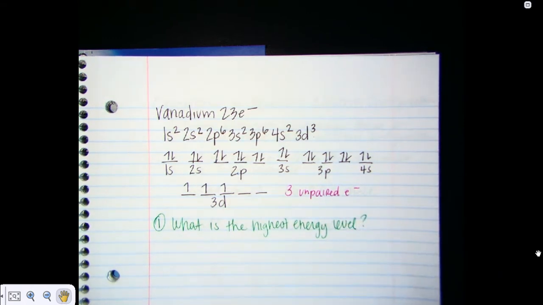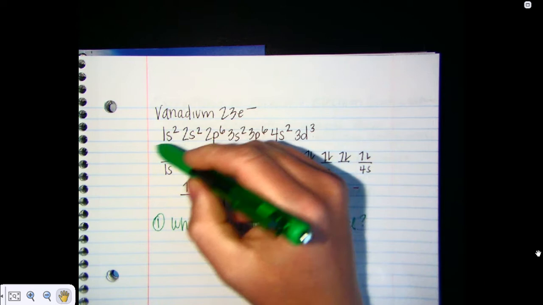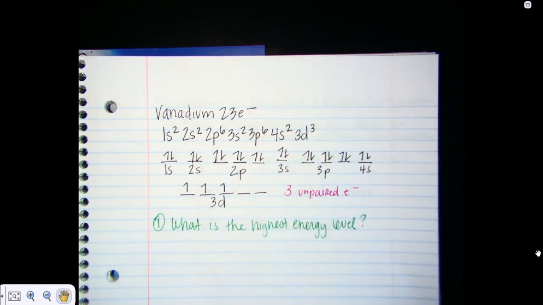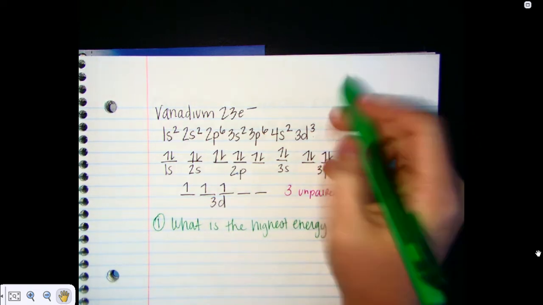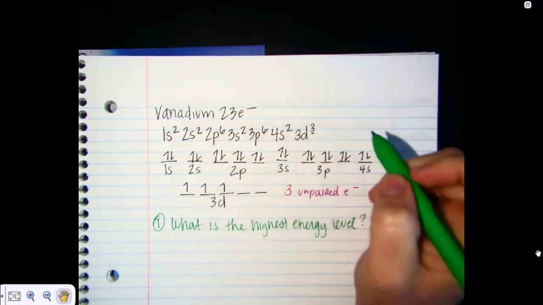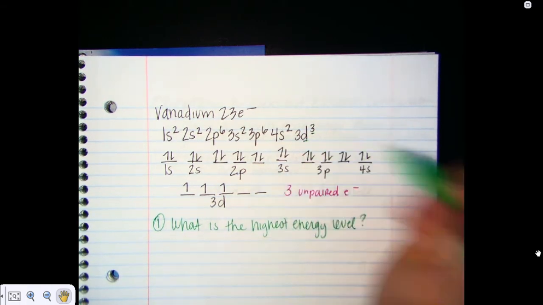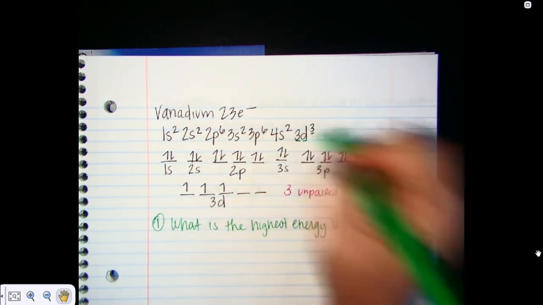Okay, so you need to think, in my electron configuration, 1s2, 2s2, 2p6, 3s2, 3p6, 4s2, 3d3, which part represents energy level? Is it the little exponent numbers? Is it the letters? Or is it the big numbers?